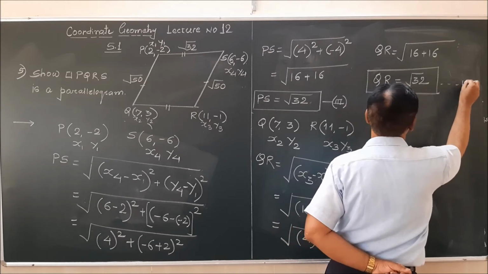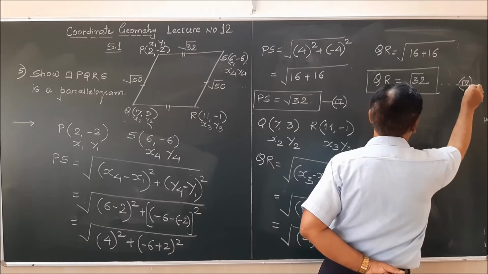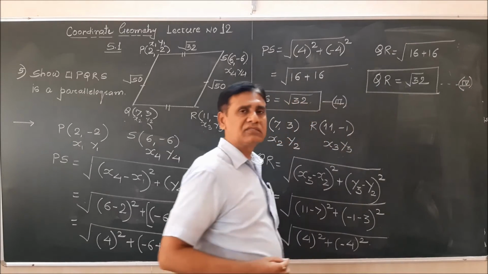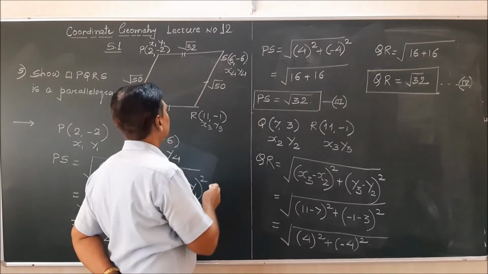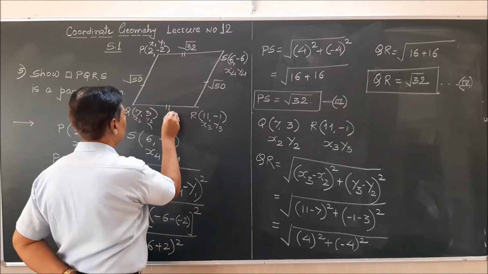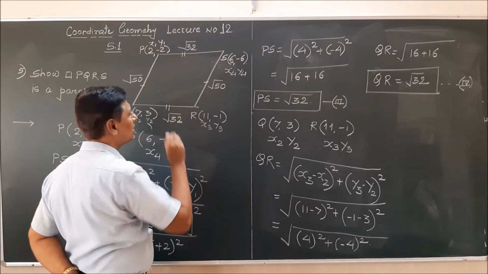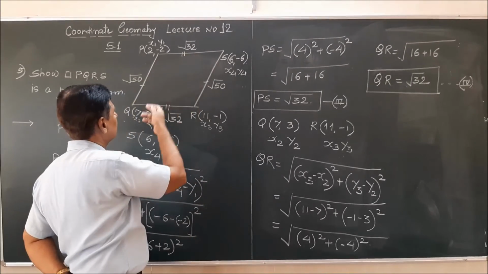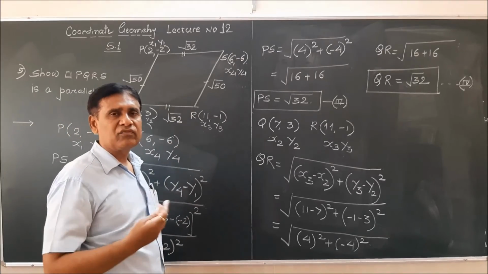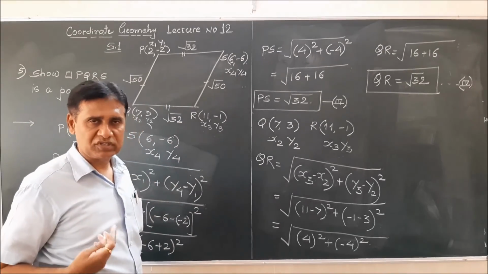Label this as 4. Now we have found the value of PS as well as the value of QR. Each one of them is root 32. But PS and QR form a pair of opposite sides.